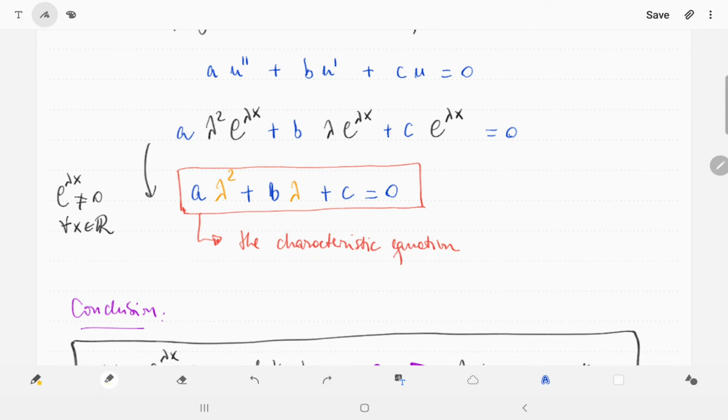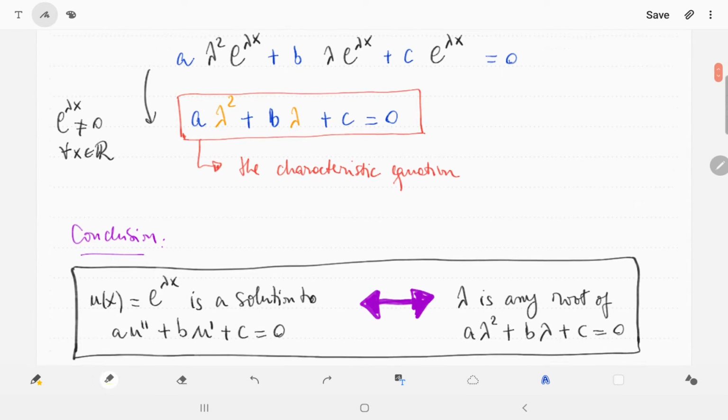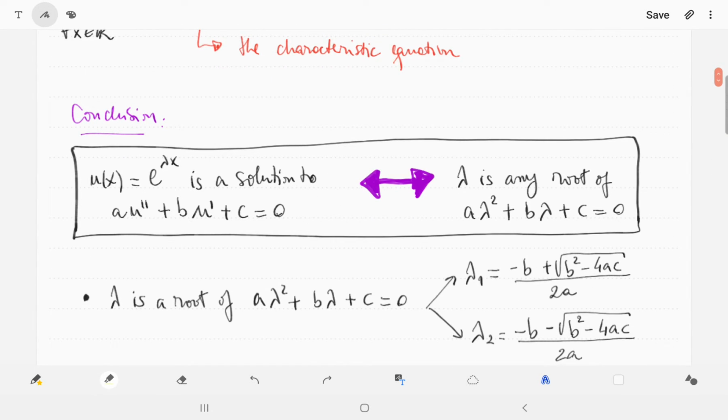So what we are saying with this procedure is that our candidate solution, e lambda x, is a solution to our second order linear homogeneous equation with constant coefficients if and only if lambda is a root of this equation.